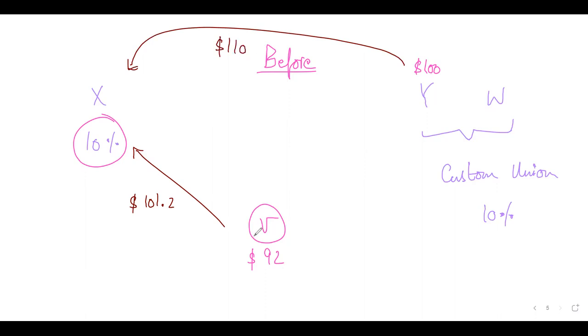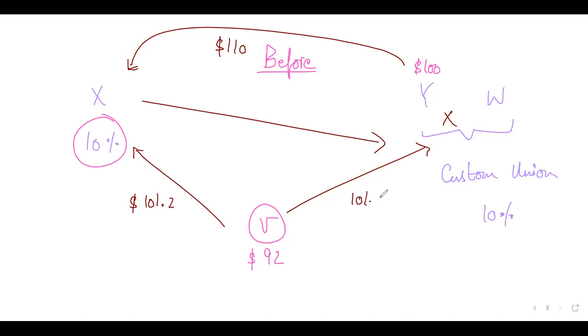Yes or no? Easy. After X moved to this custom union, within the trade of these products there is no tariff. So X started importing cars from Y because $100 meant $100, no tariff. Whereas since V is an outsider, importing a car from V would still be subject to tariff, so it will still cost them 101.2.